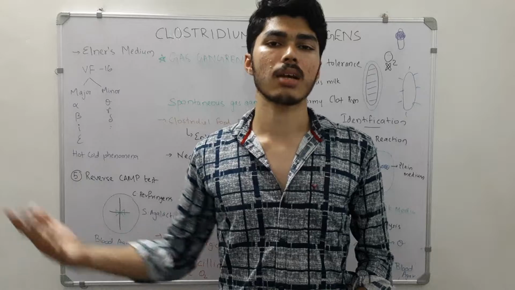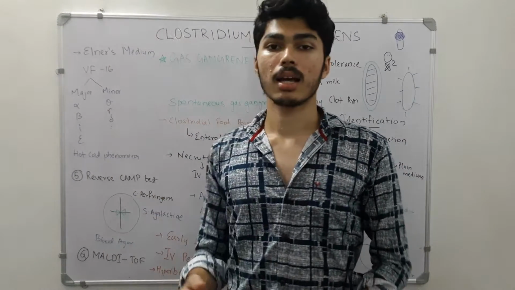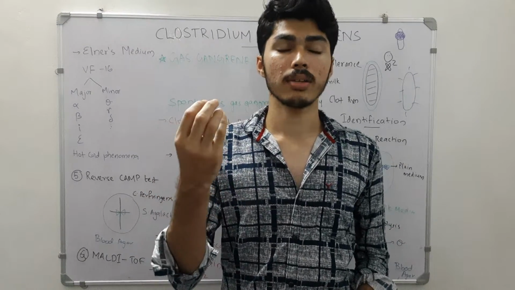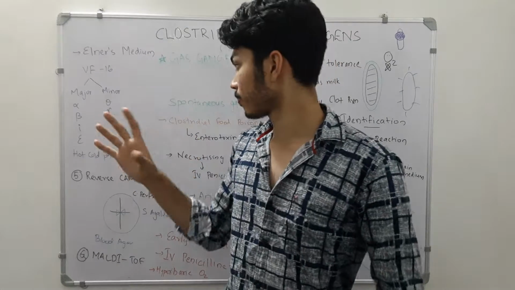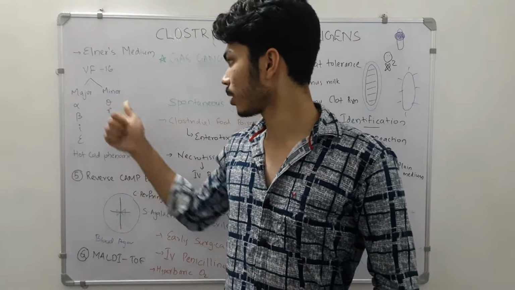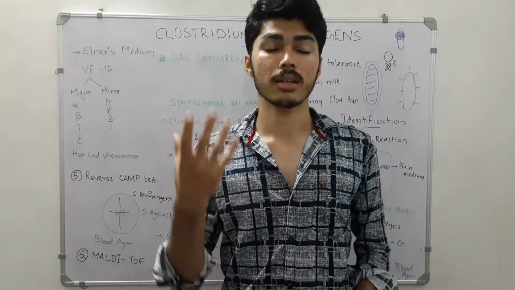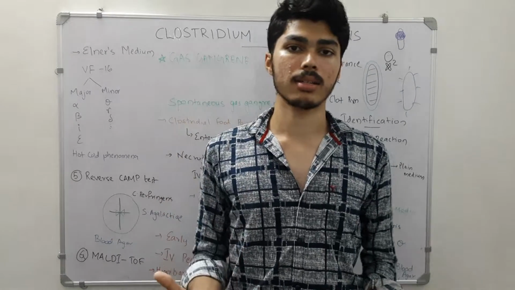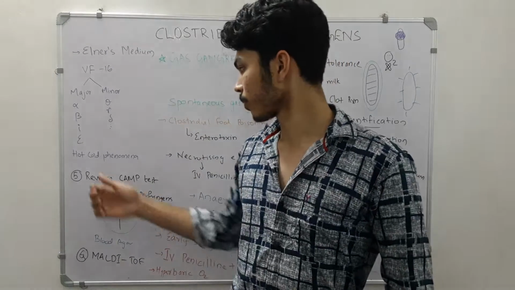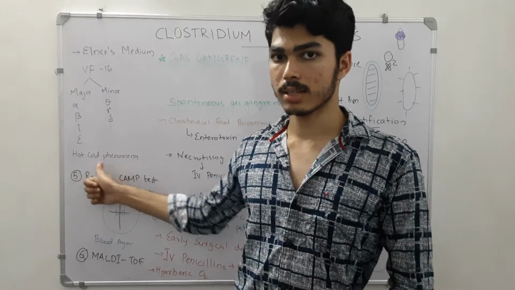As you remember in Staph aureus, the beta hemolysin, in the same way the theta toxin will start the hemolysis at 37 degrees Celsius, and will complete the hemolysis at 4 degrees Celsius. So that is the hot at 37 degrees Celsius, cold at 4 degrees Celsius phenomenon.